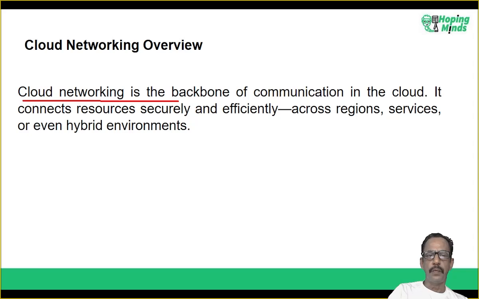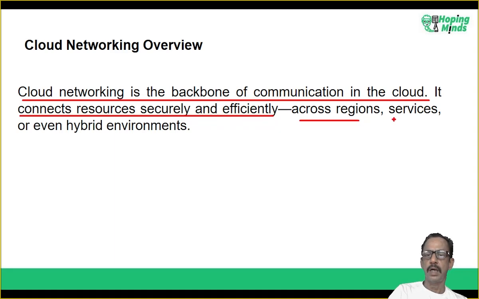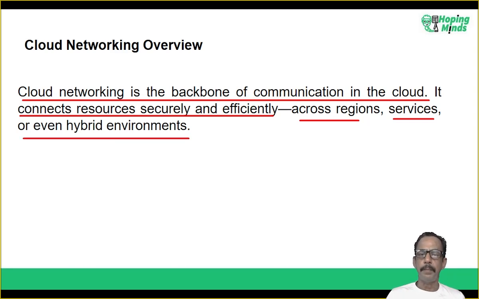Cloud networking is the backbone of communication in the cloud. It connects resources securely and efficiently across regions, services, or even in a hybrid environment. What does it mean, backbone of communication?